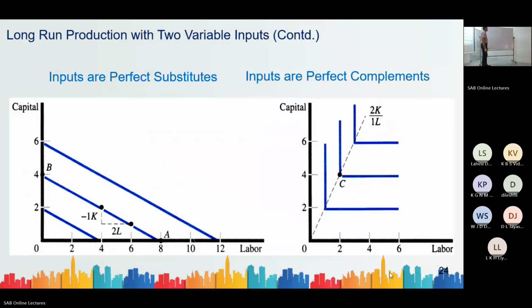Isoquant curves are convex to the origin when the two inputs are imperfect substitutes.